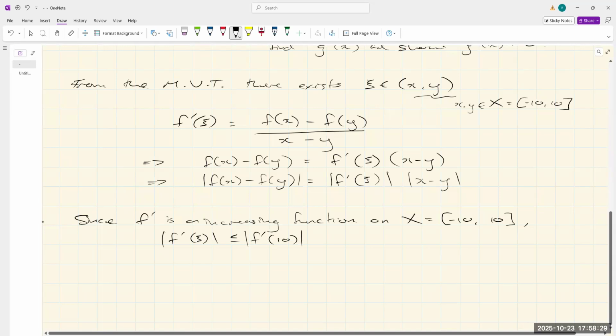Because if it's increasing, then all the values will be less than the endpoint value. So I'm going to just sub this into 1.